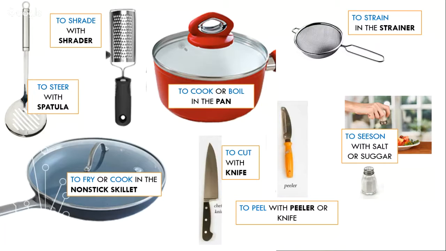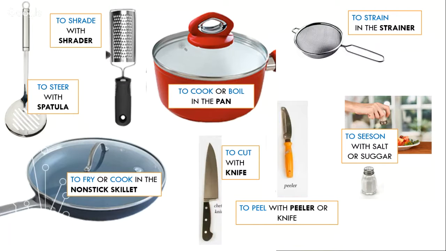That's close. For example, you take the cheese when preparing spaghetti, and you shred it with a shredder. That is like a rallador. Yeah, that's right. Shred with the shredder. Sounds good.